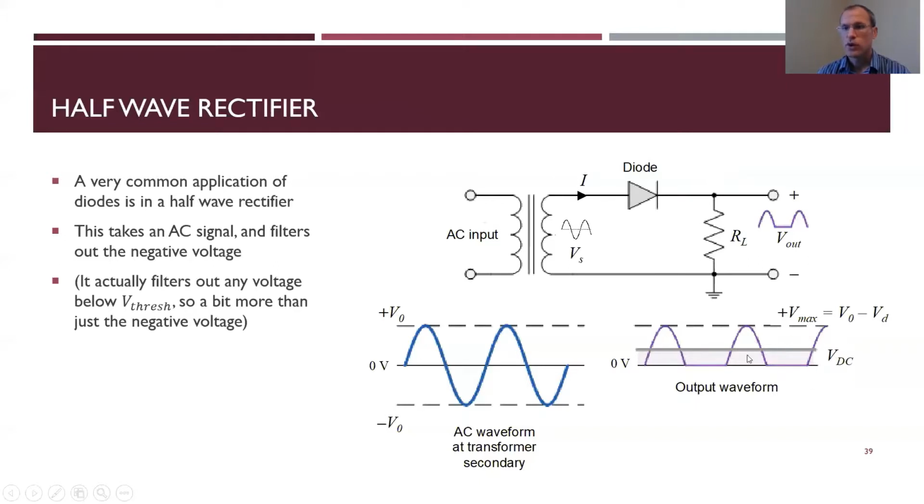At that point, my maximum voltage is V0 minus this threshold voltage. So if I have 5 volts coming in, cut off from the diode, now my peak voltage is only 4.4, but it is all in the positive direction. There's no negative voltage left over.